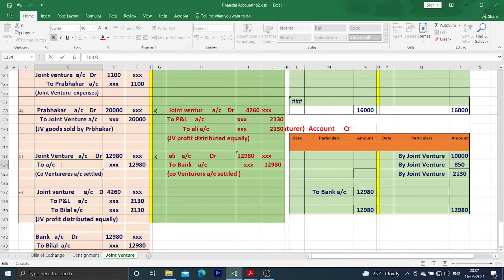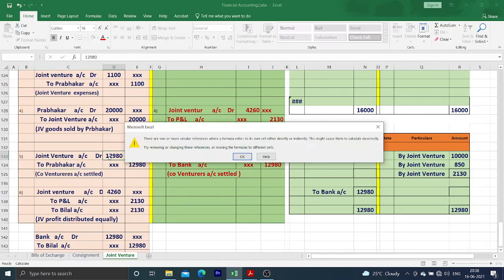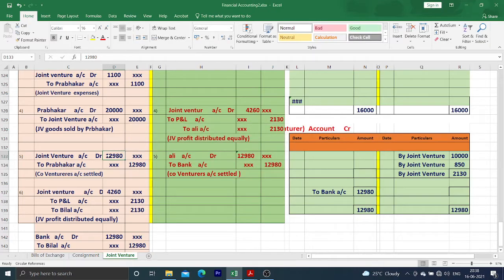If you are not well versed in journal entries, you will get confused. 5% of 20,000 is 1,000 commission. You will get confused how I am writing, why I am writing that journal entry.